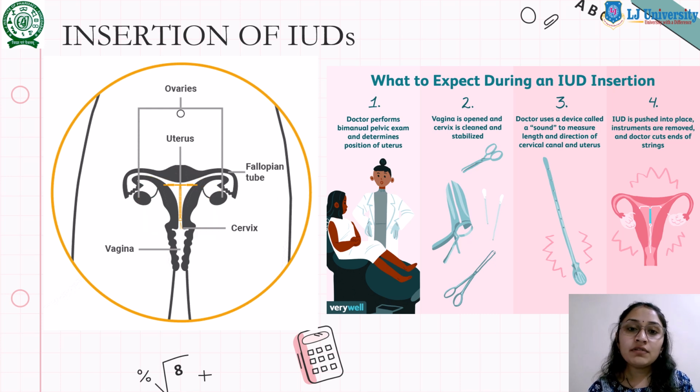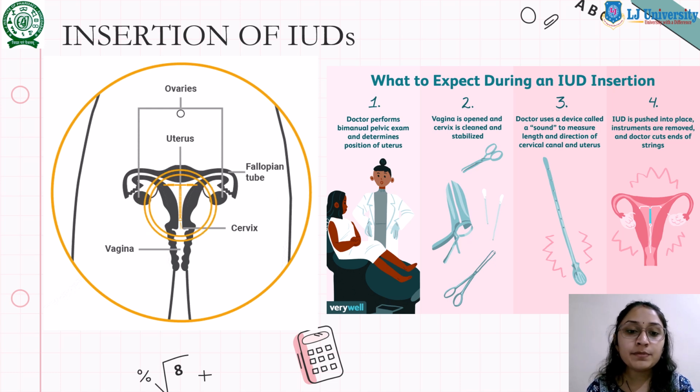Now, what you can see in this slide, on the left hand side, is the location of the intrauterine device, the orange circular part, already inserted into the uterus. Here you can see the anatomy of the uterus.